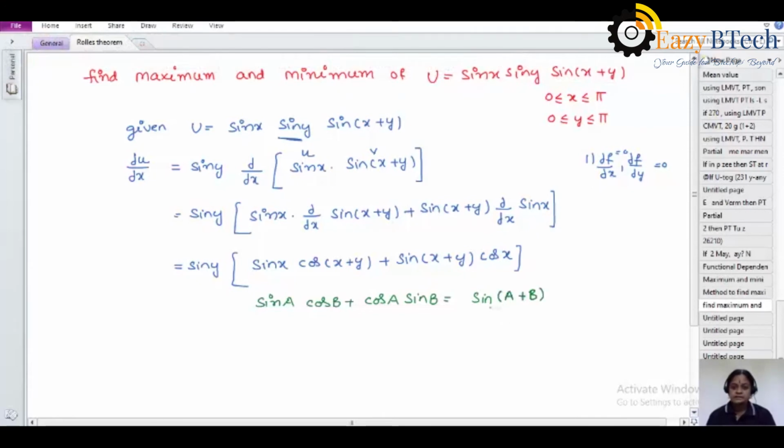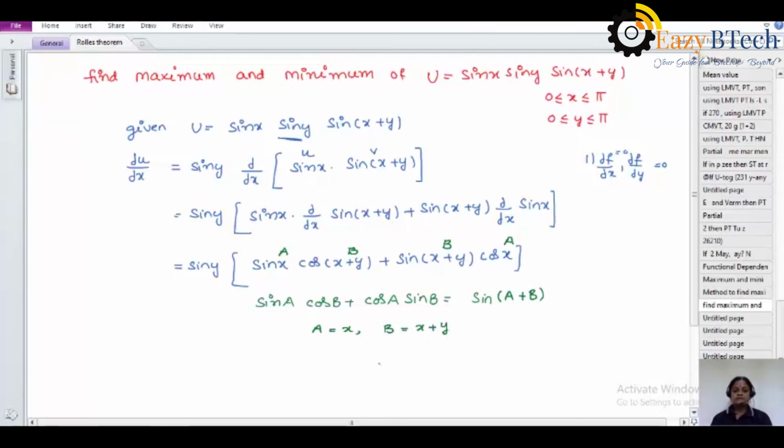Sin(a+b) is equal to sin a cos b plus cos a sin b. So here I am applying that formula. See here, sin a and cos b, and cos a and sin b. According to this formula, the value of a is x and the value of b is x plus y.